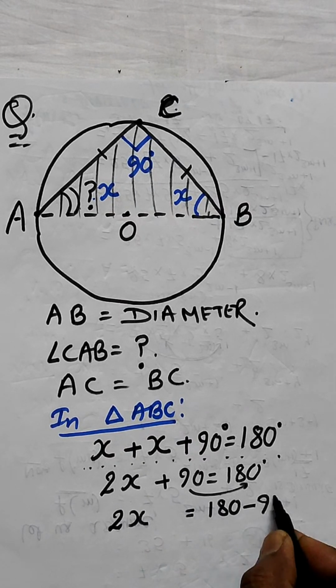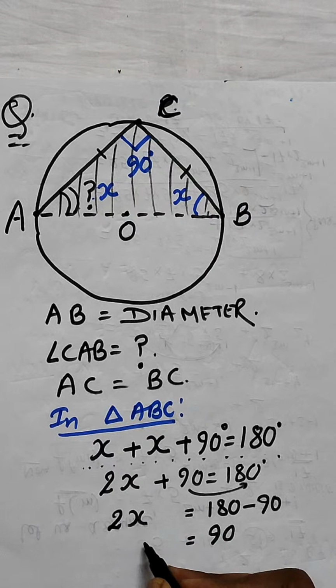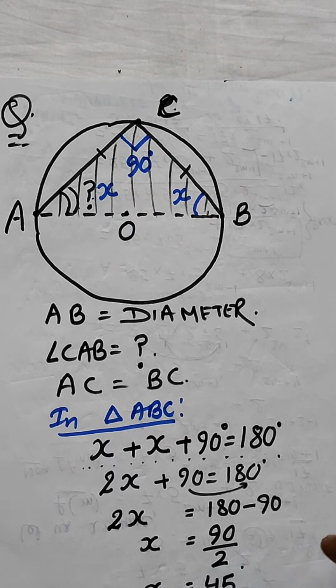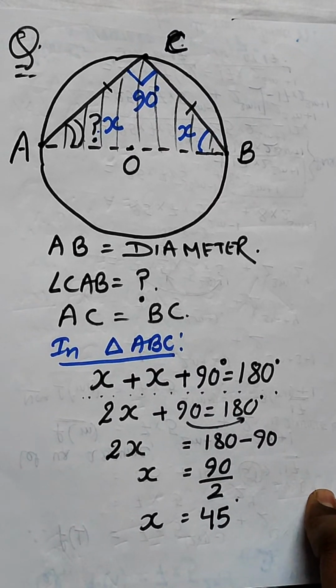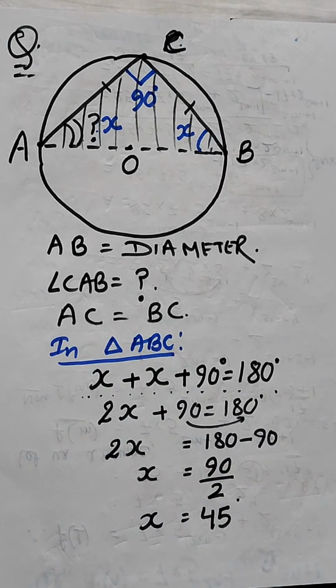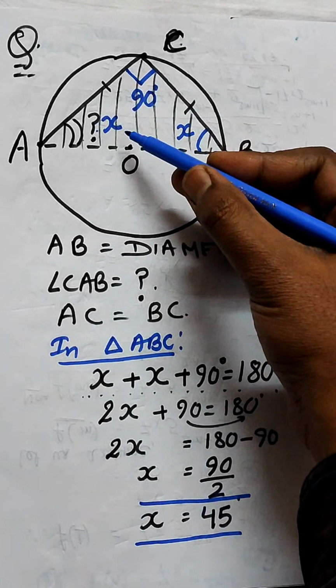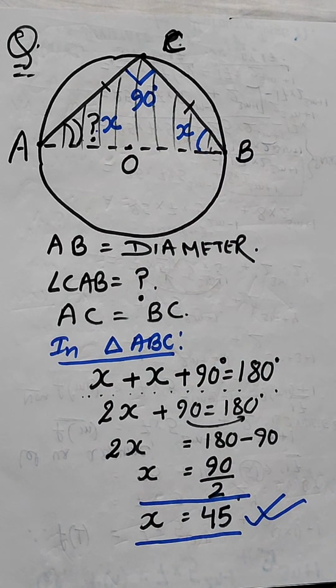So 180 minus 90 gives 90, so 2x equals 90, and 2 will come into the denominator of the RHS. So 90 by 2. So the value of x is 45 degrees. So this is our answer. We have been asked to calculate the value of x, so the value of x is calculated as 45 degrees, right?